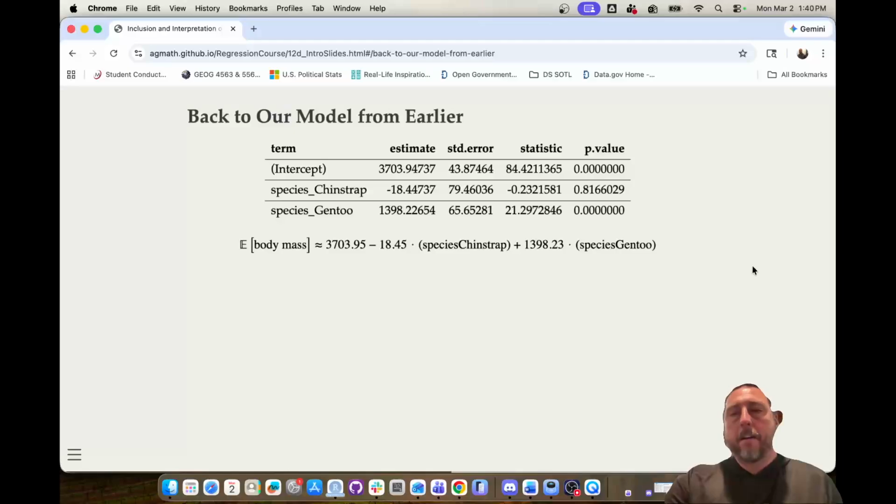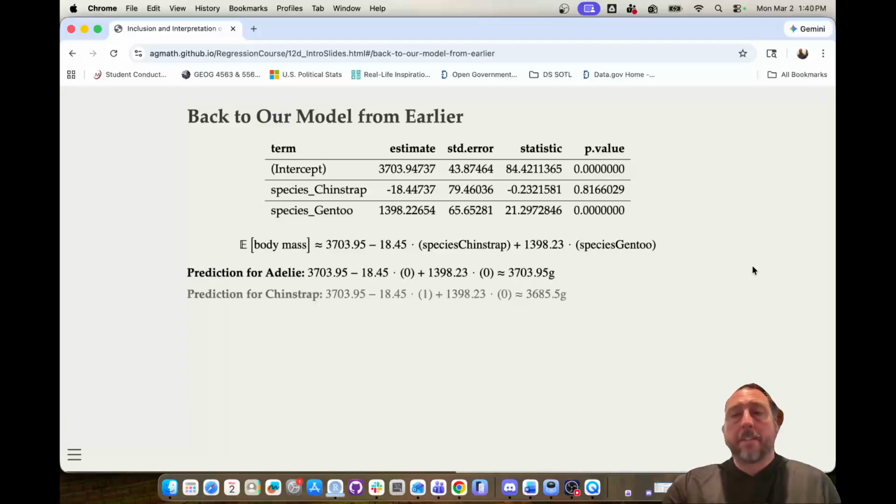These other terms indicate adjustments, and so for the prediction for a chinstrap penguin, now the species chinstrap variable turns on, species Gentoo is turned off. We get an adjustment downward on the expected body mass, so just below 3,700 grams this time.